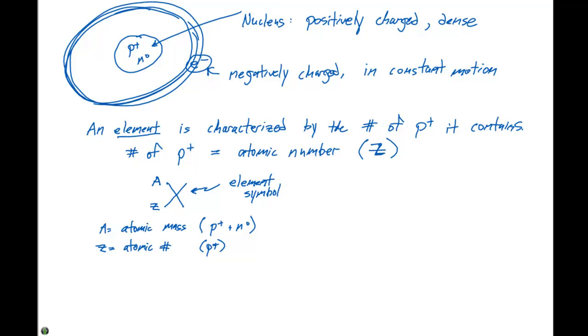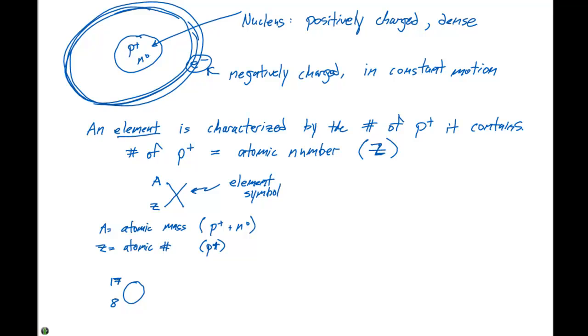So if we look at how we define each of these elements, we can look at oxygen. Oxygen, if you look on the periodic table, has an atomic number of 8. So Z is going to be 8, so we're going to put that down here in the lower left-hand corner. We can now look at each of these oxygens and figure out how many protons and neutrons they have, and this can potentially vary. So this is why we come up with this symbol notation.